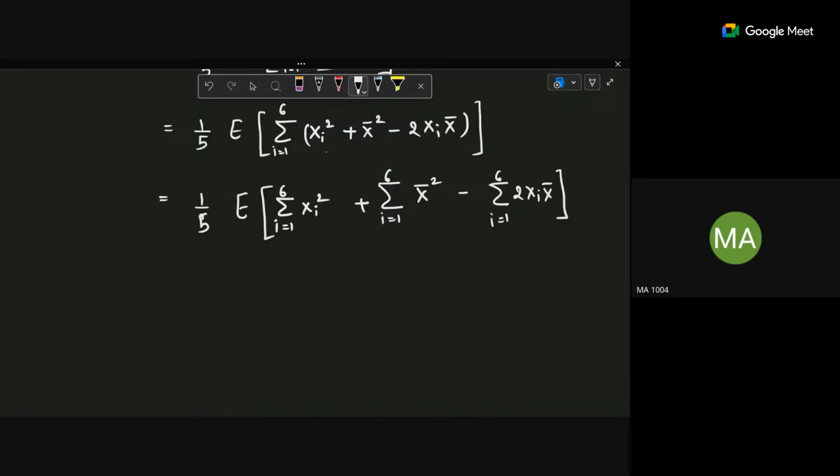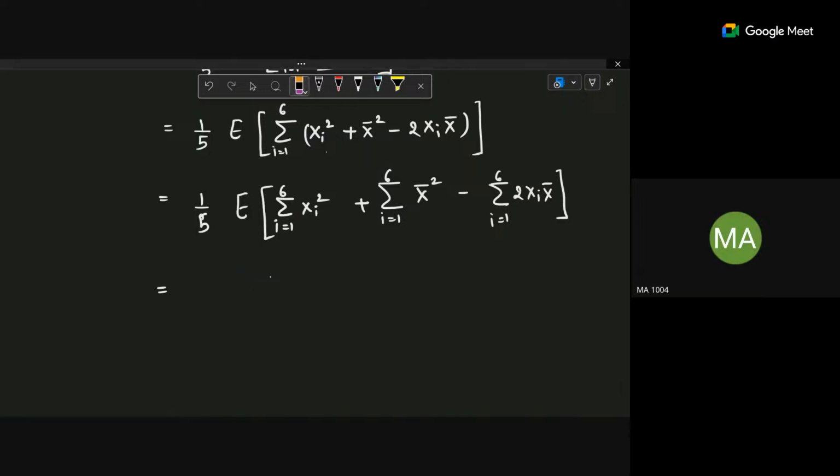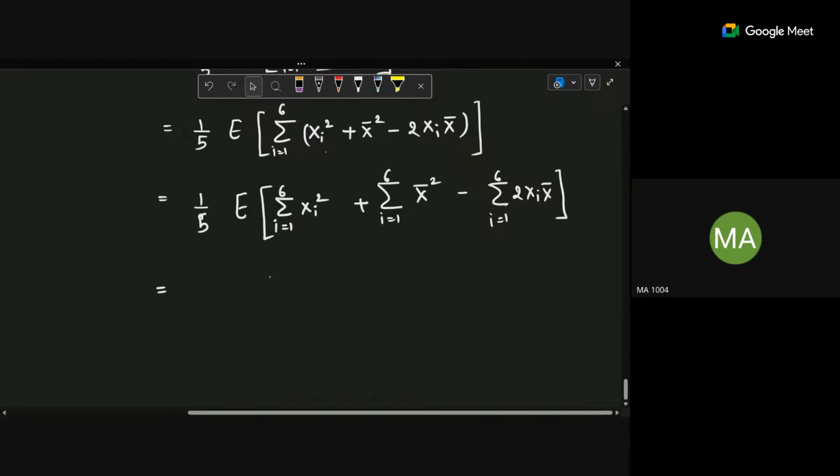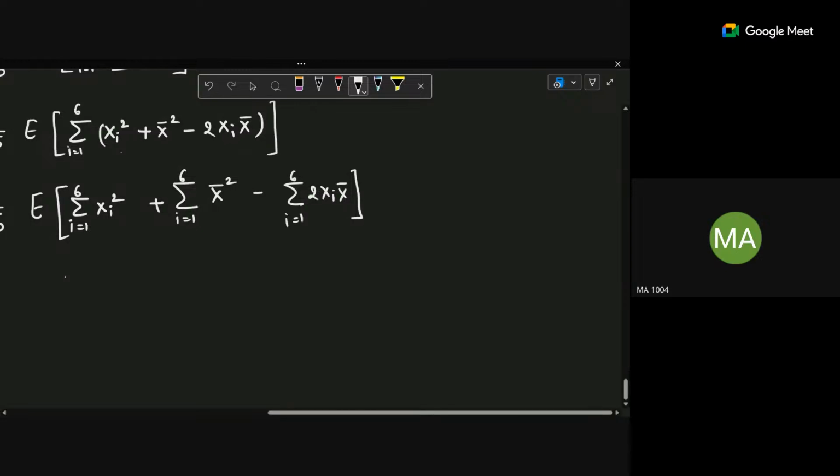The expectation of the summation of xi square splits over expectation, plus... Okay, just tell me one thing. If I have an expression like this, then what about this last term, summation i is equal to 1 to 6 of x bar square?